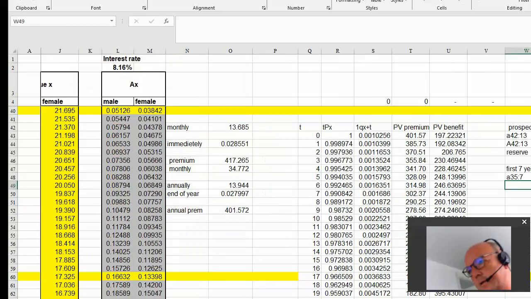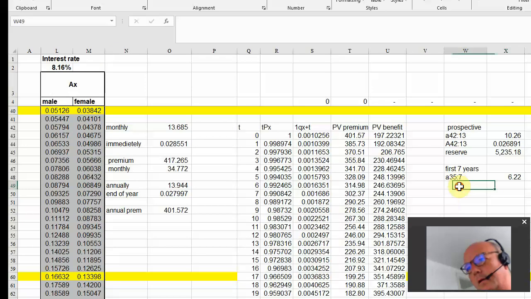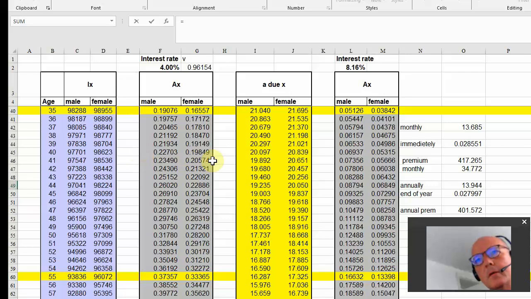Okay, so that is the first 7 years of the annuity, and then the first 7 years of the assurance. Same principle. So A35 minus that over that times 1 over 1.04 to the power of 7 times that.